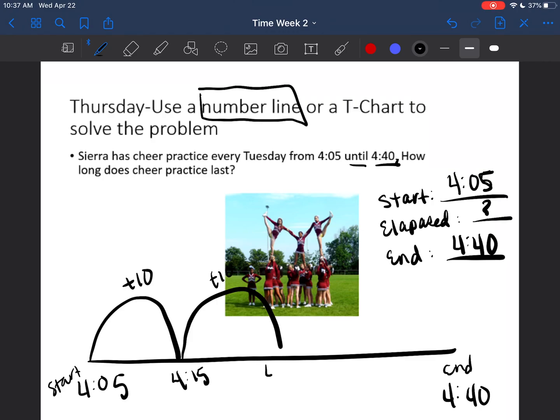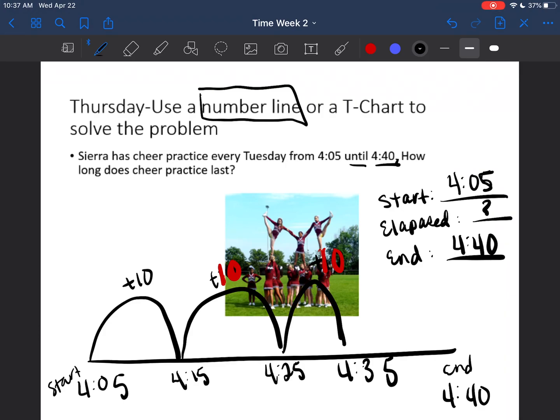4:15 plus 10, 4:25. Let me change my color here so we can really see that. 4:25 plus 10 is 4:35. Now if I make another jump of 10, 4:35 plus 10 is going to be 4:45.